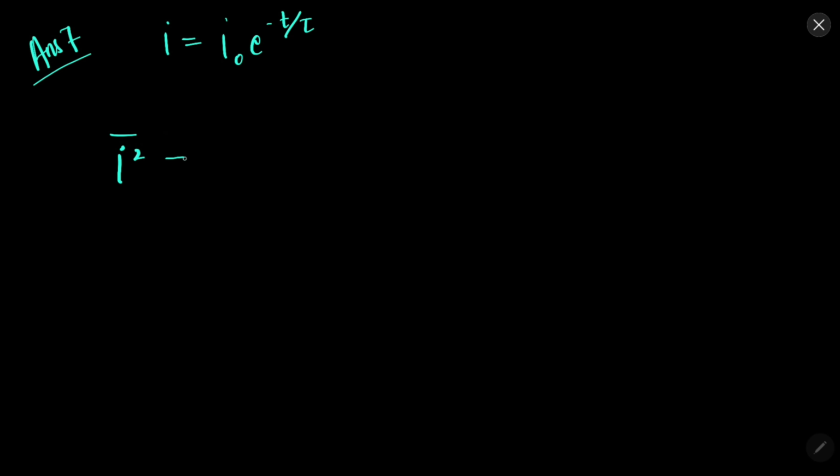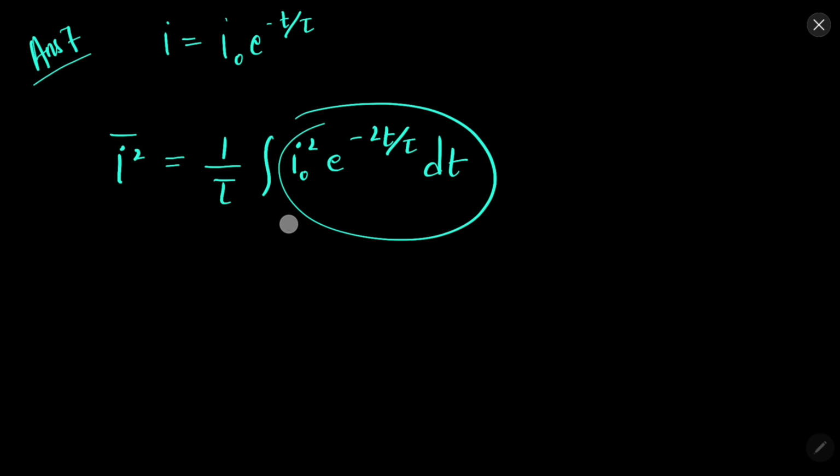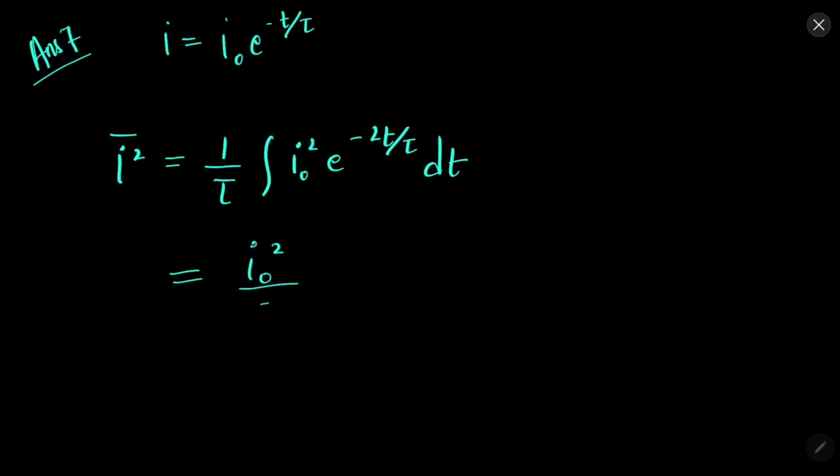Now RMS value can be found out like this: squaring, averaging and integrating. So let's put all the constant terms outside, integrating from 0 to tau as asked.